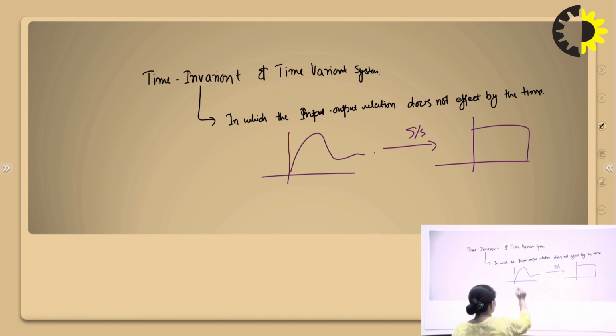So the signal starts from t equals 0, that is the input, and the output also starts from t equals 0, okay.